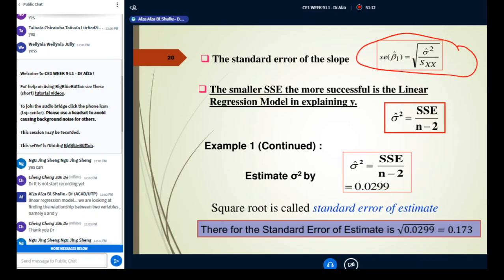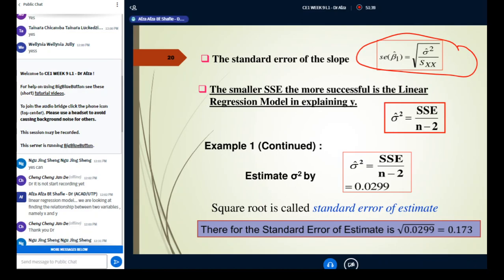So the first criteria of the assessment is the standard error, or the standard deviation. Okay, so this is what we want first.